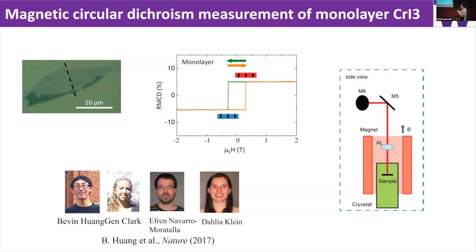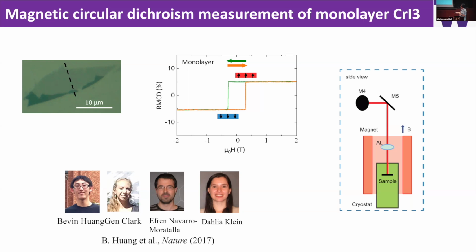Then we measure the reflection, the optical reflection difference between the left circular polarization and the right circular polarization. That difference we call circular dichroism. In particular, we measure this circular dichroism as a function of magnetic field.